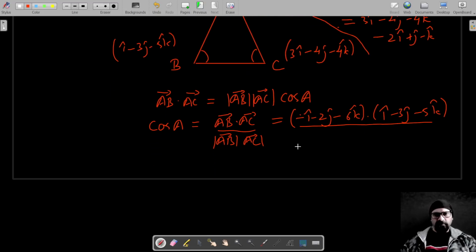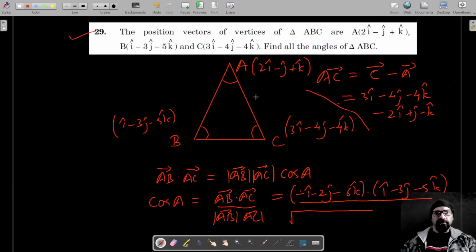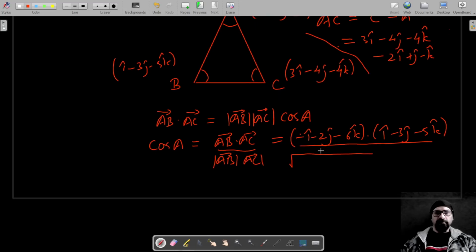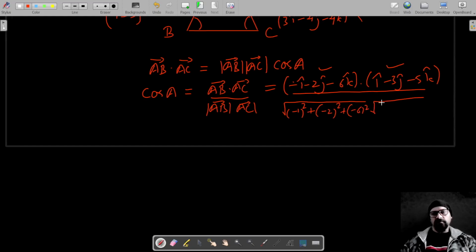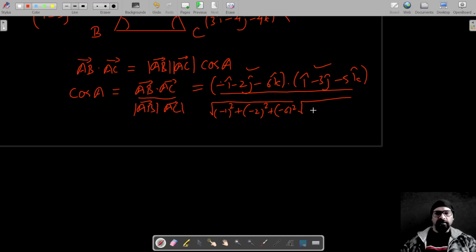Okay, the magnitude of AB. This is the AB vector, this is AC, so the magnitude of AB is the root of negative 1 square plus negative 2 square plus negative 6 square, into the magnitude of AC, which is the root of 1 square plus negative 3 square plus negative 5 square.